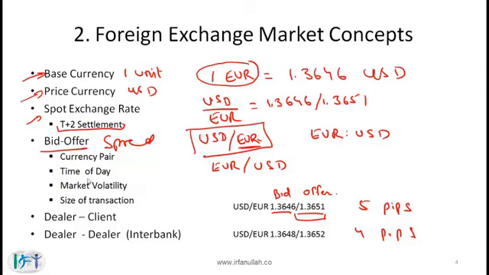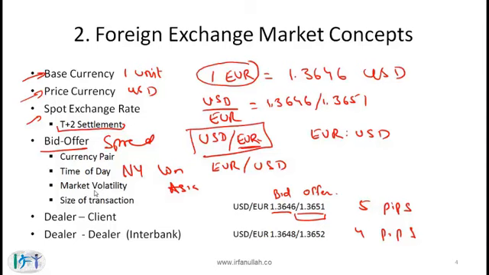Time of day, what this means is that if the major FX markets are open, then the spread tends to be relatively low. So the major markets are New York, London, and Asia. So this being the Japan, Korea part of Asia. Now, when all these markets, or when at least two of these markets are open, then the spread is lower.